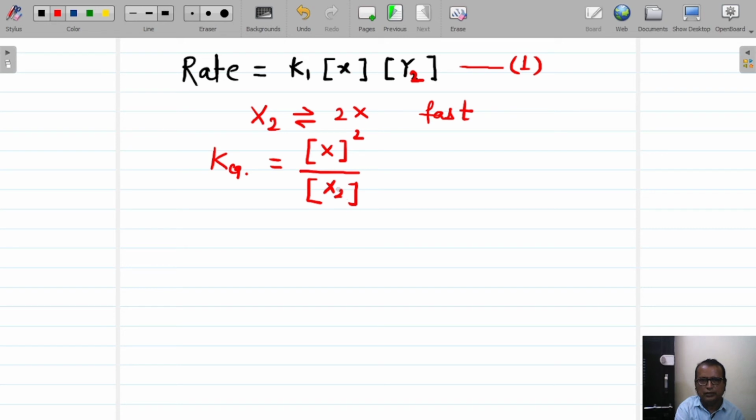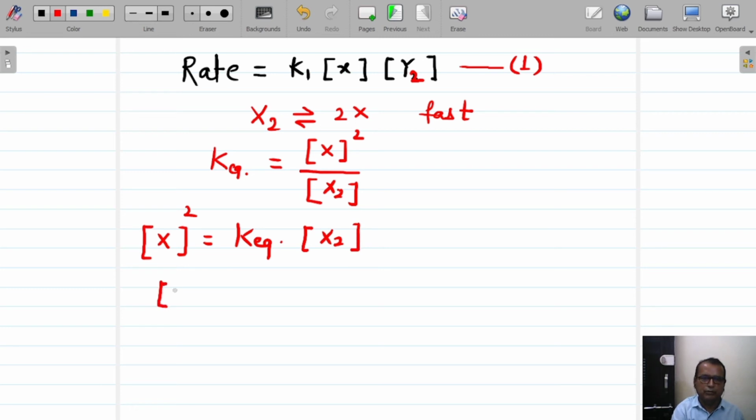The multiplication of the concentrations of products is divided by the multiplication of the concentrations of reactants. So concentration of X squared is equal to equilibrium constant into concentration of X2.